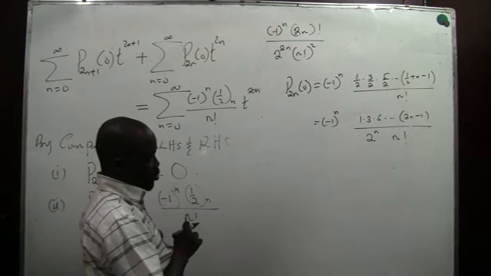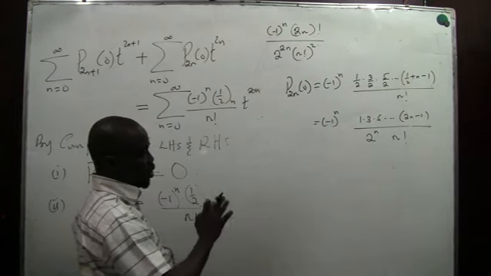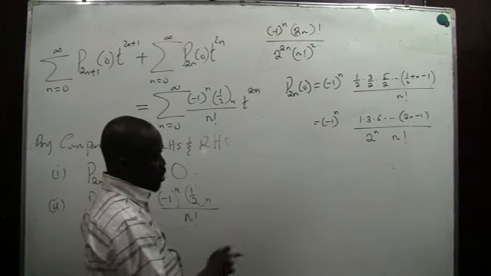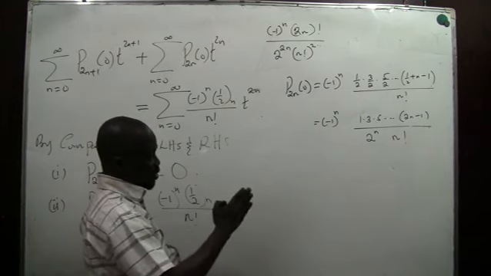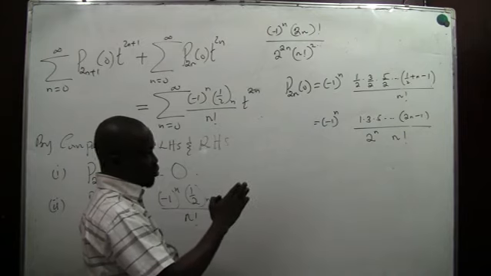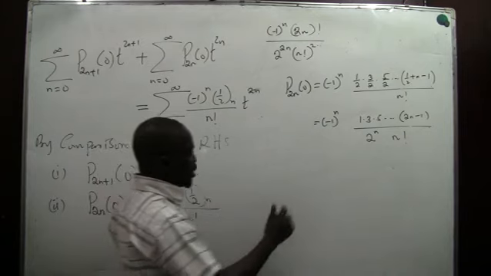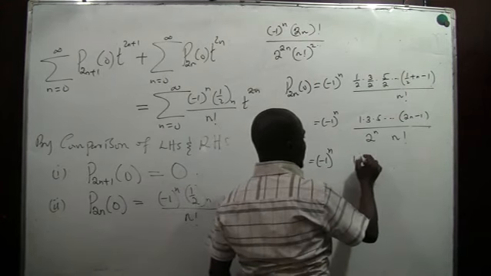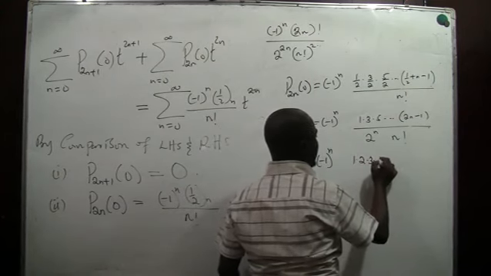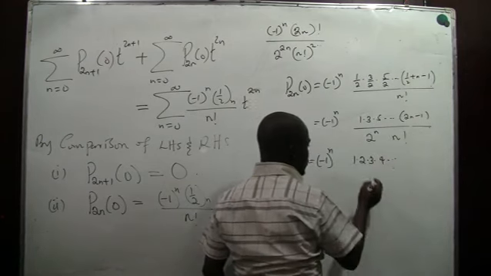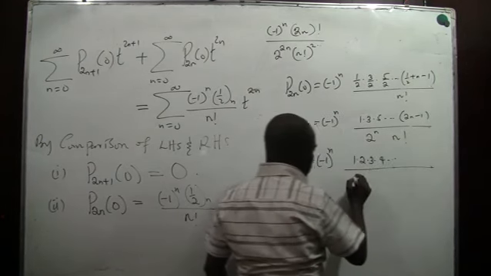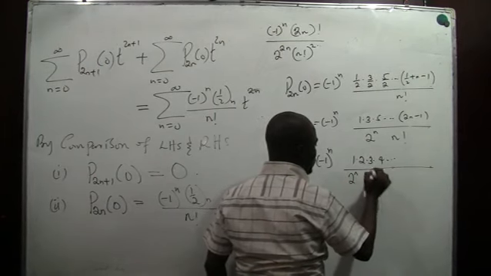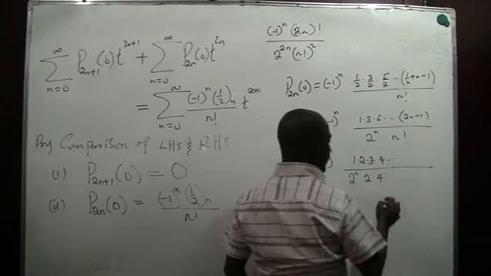Observe at numerator that what we have is purely odd terms: 1, 3, 5 up to 2n minus 1. So let us insert the missing even terms in between the odd terms. How do I mean? (-1)^n, 1 multiplied by 2, multiplied by 3, multiplied by 4. It continues. As we are doing that, you are also cancelling at the denominator. That is 2 cancel 2, 4 cancel 4.